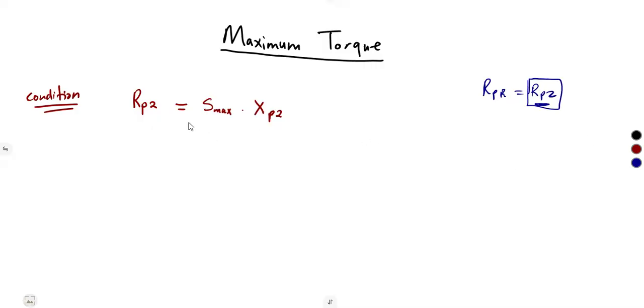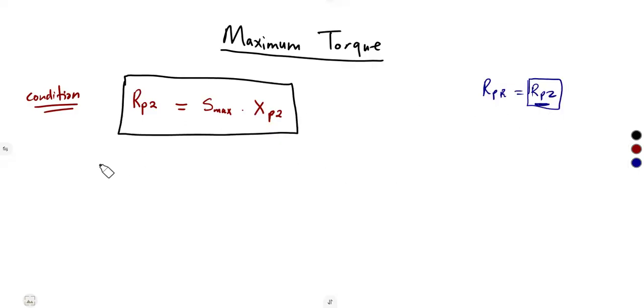So this is a condition that must be followed anytime you are at maximum torque. As long as they want you to calculate the maximum torque, you have to consider this.